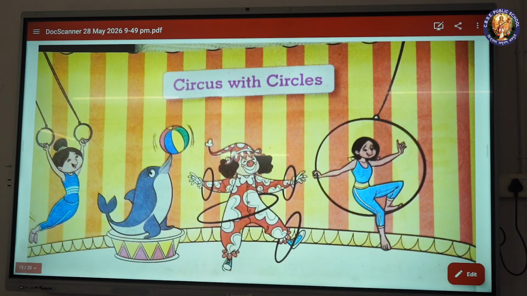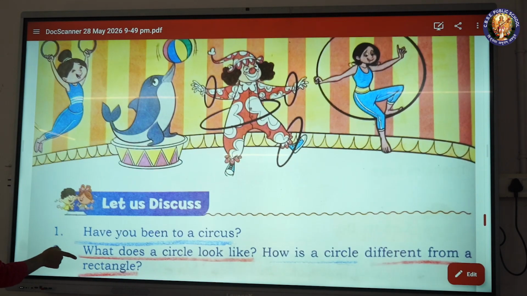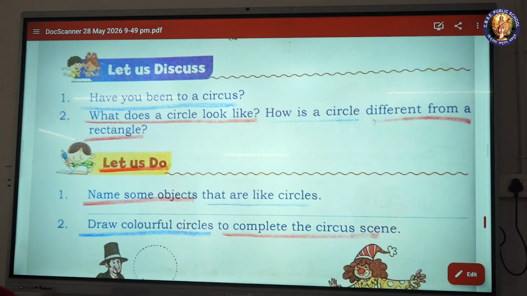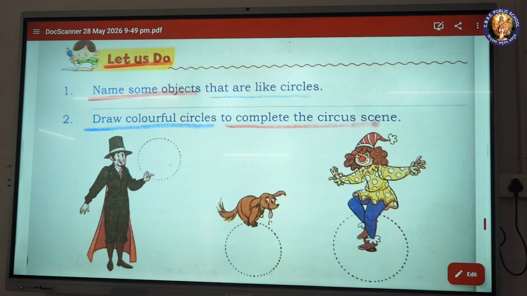Circles, circles. Let us discuss. 1. Have you been to a circus? 2. What does a circle look like? How is a circle different from a rectangle? Let us do. 1.